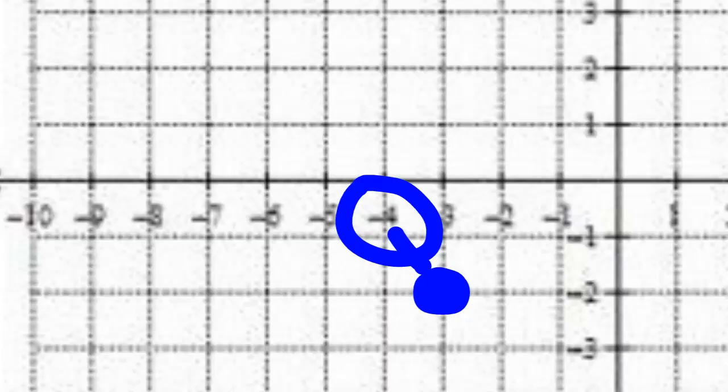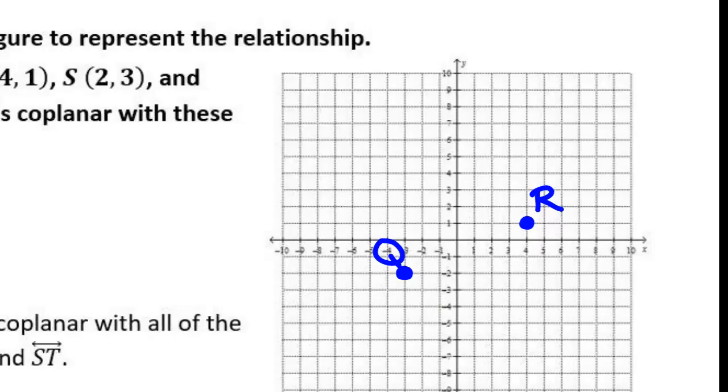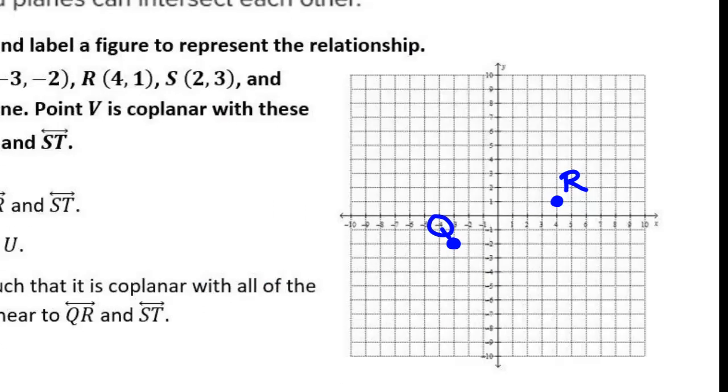And then we have point R at 4, 1. So right 4, up 1. There's point R. And that is the name of one of our lines. One of our lines is line QR. So grab your straight edge now that you have those 2 points plotted, and we're going to draw a line that goes through those 2 points all the way across your graph.